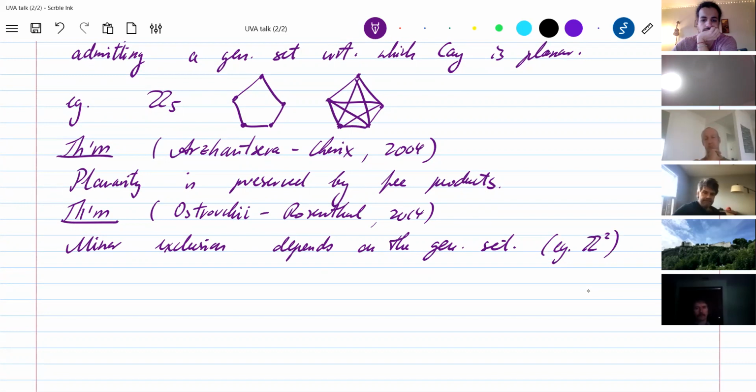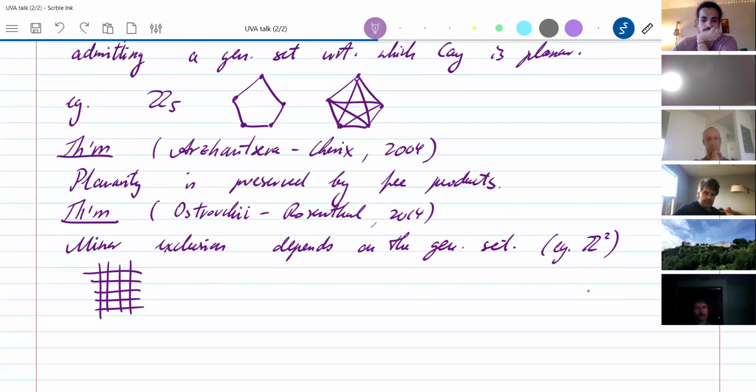If you think of Z squared as just a grid with its classical generating set, then this is obviously going to be planar, but you can also cook up a generating set for which it's not going to be planar, just by adding, I think, just one generator to this standard generating set, and you get something non-planar.